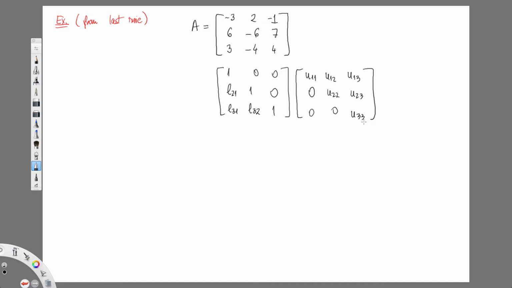So basically I start with my A. And now I stick to the same choices just to be consistent, otherwise I might mess up these coefficients. So I'm going to replace my second row by row 2 minus A21 divided by A11 times row 1.